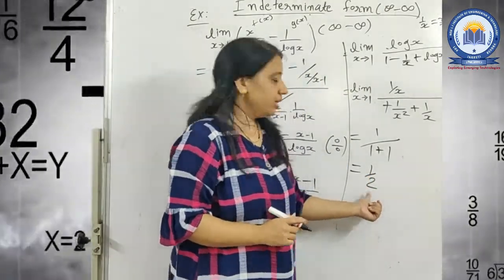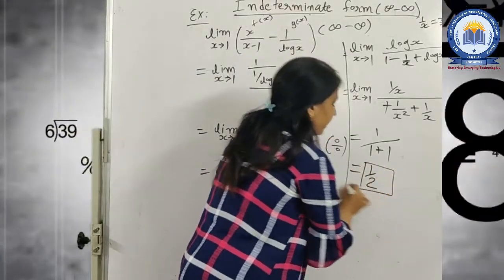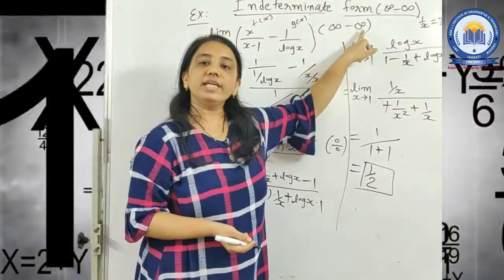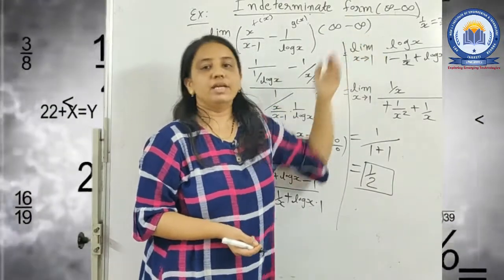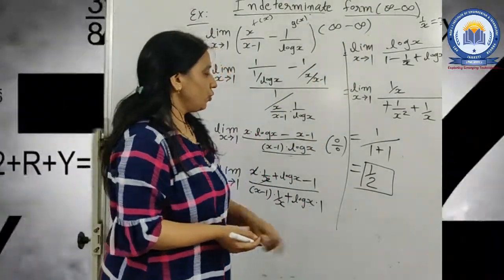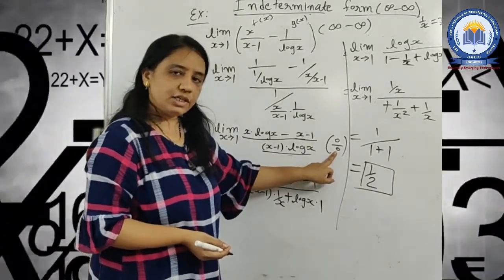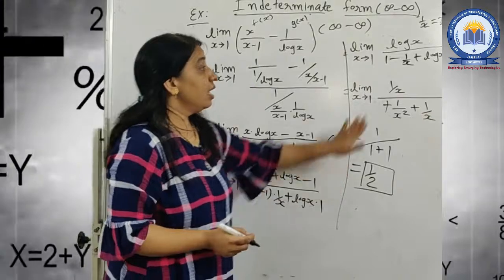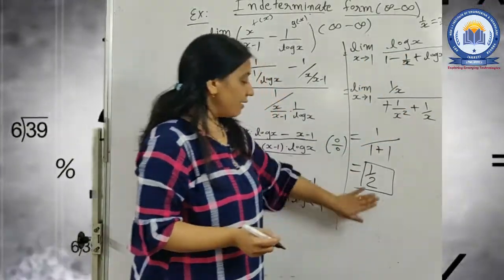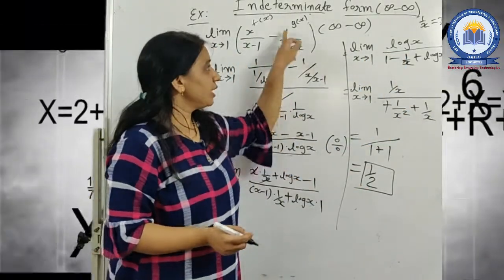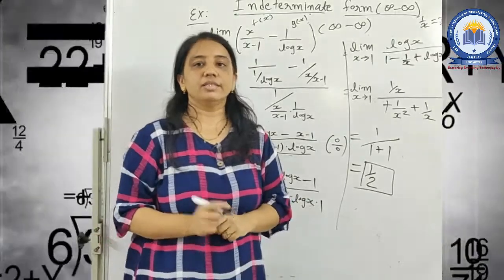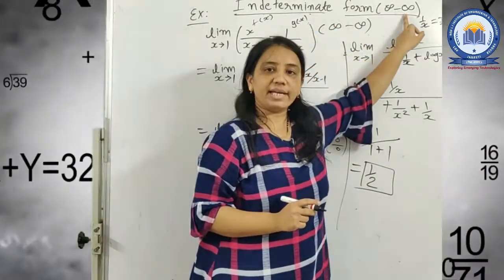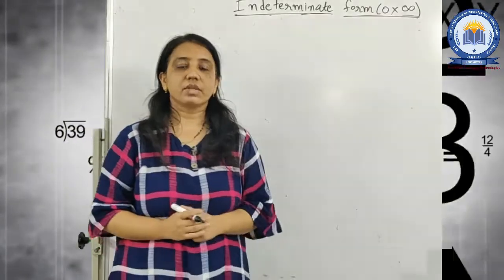Determinate value, right? So we can say that if we are having the form of infinity minus infinity, that can be converted into which form? 0 by 0. Then we can apply L'Hospital rule until we have some value. So in that way we can solve the indeterminate form, that is infinity minus infinity.